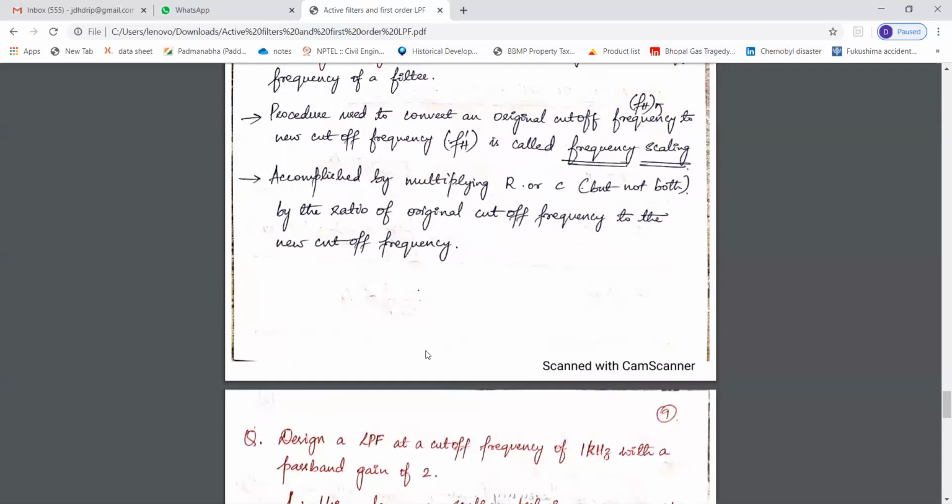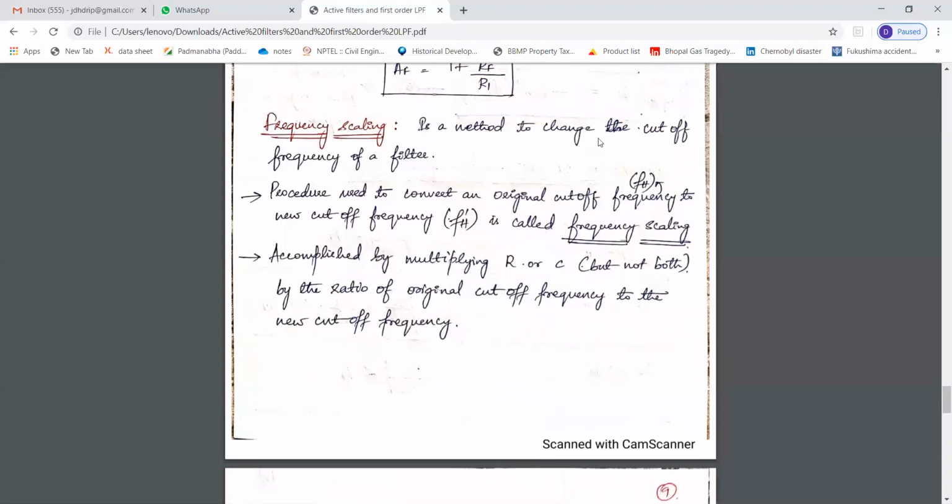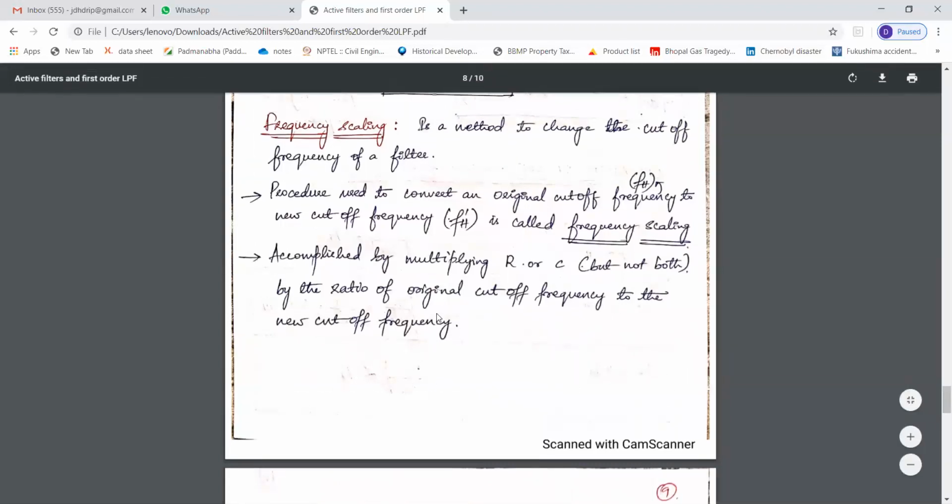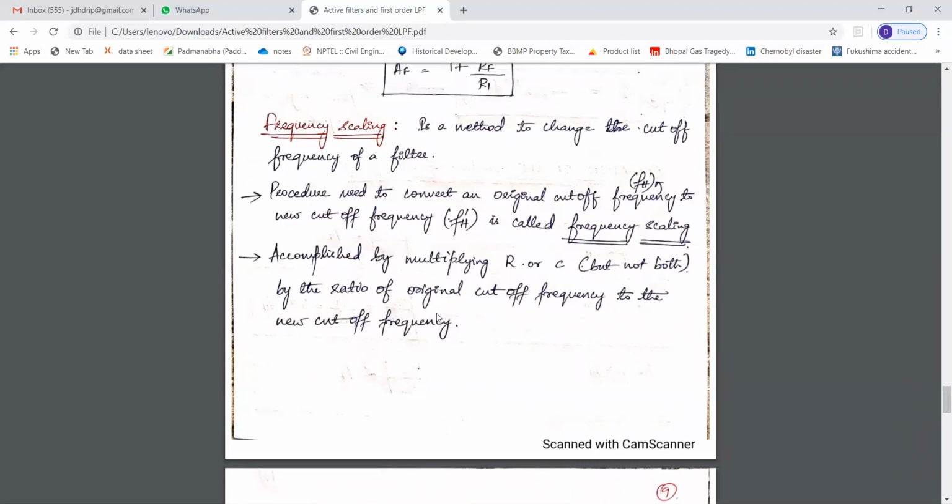We have a problem based on this. While solving the problem, you will come to know what it exactly means, but I will tell in brief. If we are changing the cutoff frequency from one value to a new value, this method is called frequency scaling.